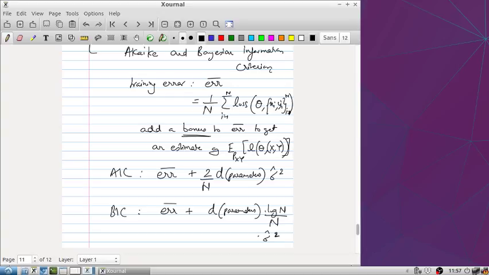If you have too many parameters, it's going to have a huge bonus here, so it's going to say don't take that model.